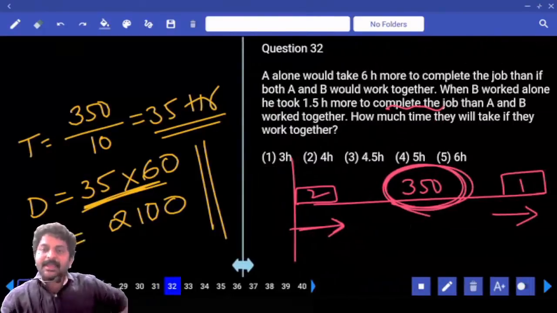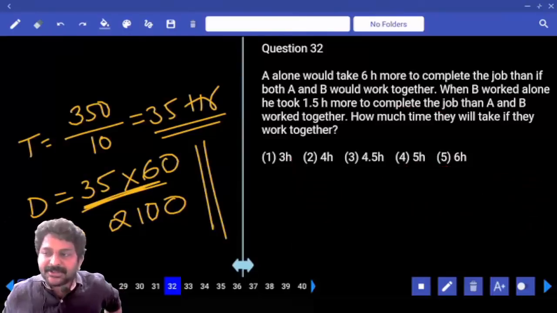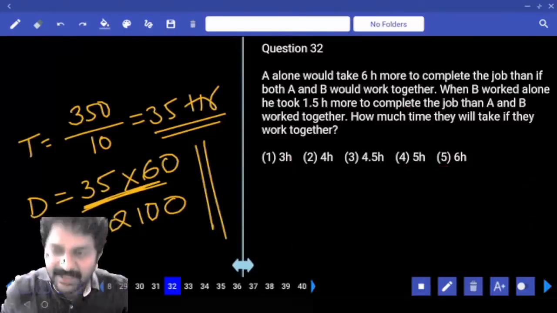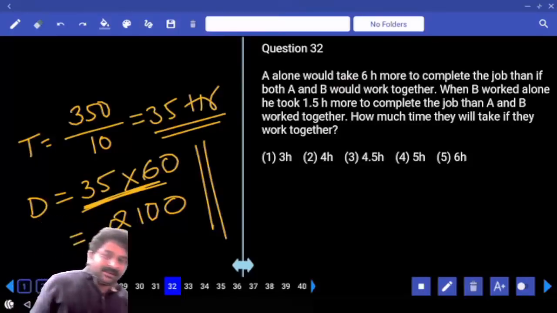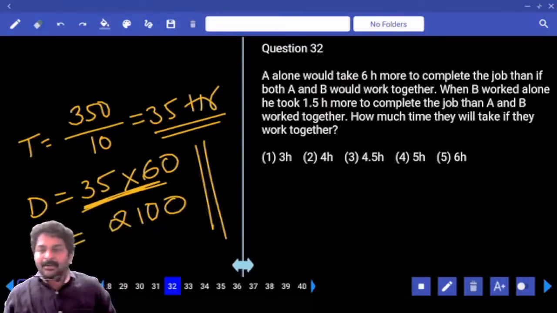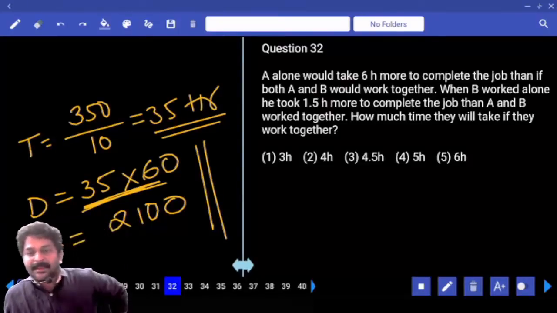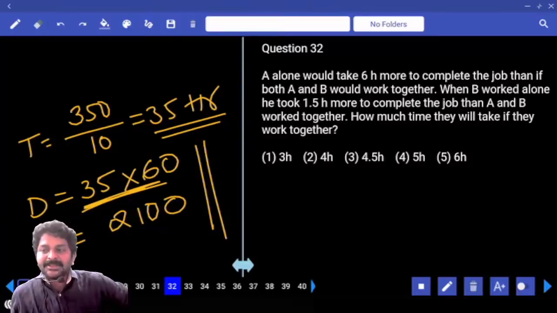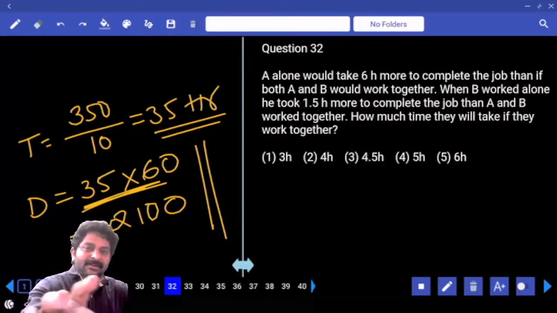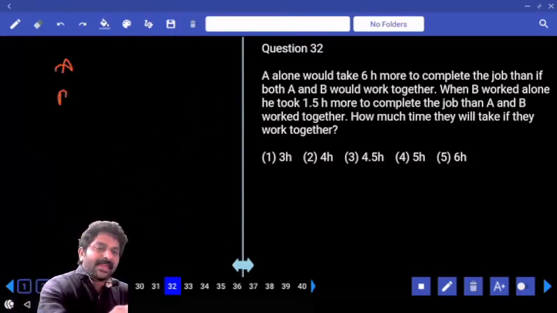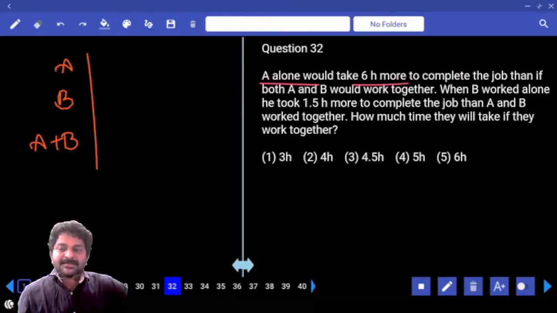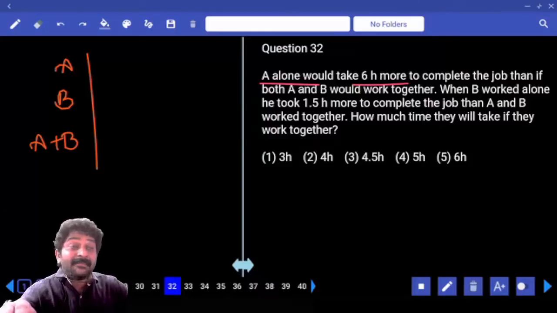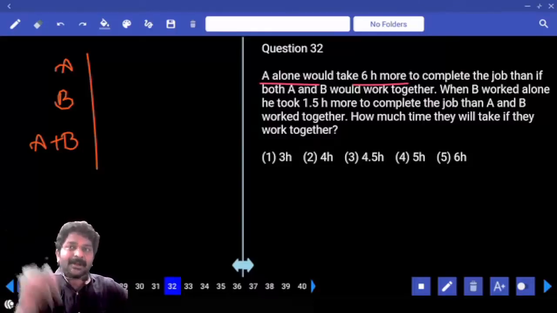Next, 32. A alone would take 6 hours more to complete the job than if both AB would work together. When B alone worked, he took 1.5 hours more to complete the job than AB worked together. How much time will they take if they work together? Okay. So now here we have A, B and then A plus B. A alone time is 6 hours more than time that both AB take to complete the work.